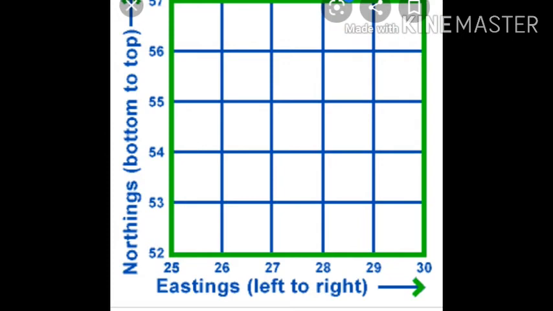And the horizontal lines running east to west, 71, 72, 73, are called northings, because they lie to the north of the southwest corner.